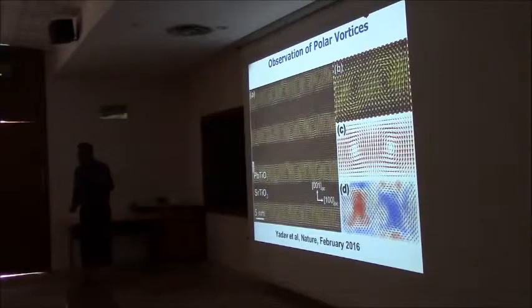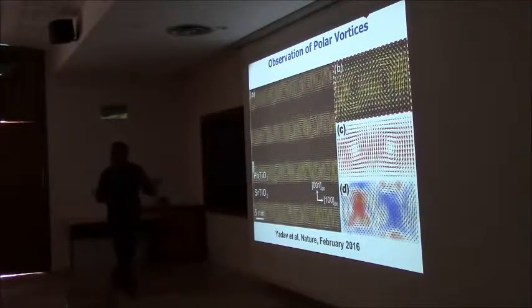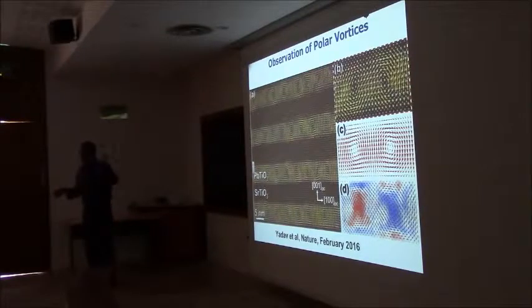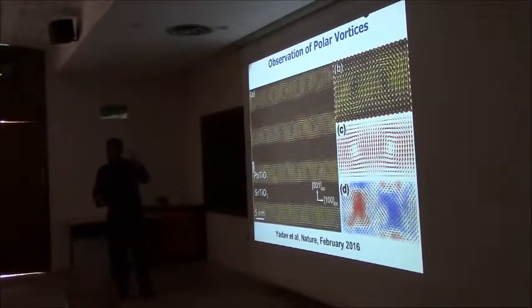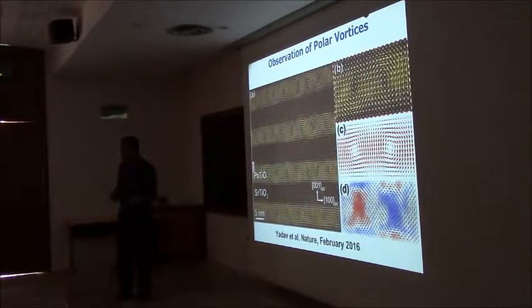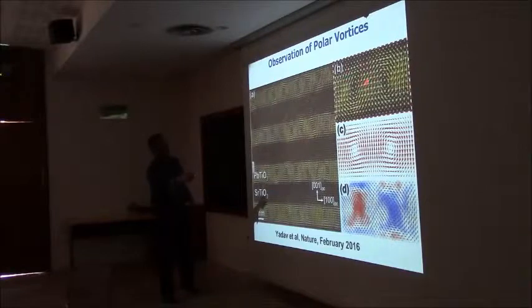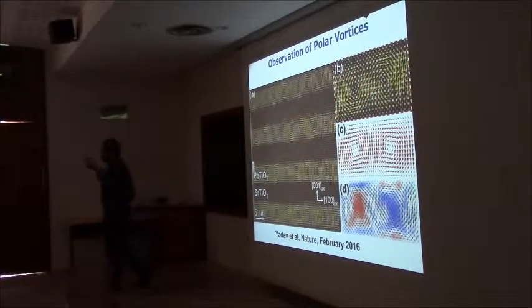We call them a vortex and an anti-vortex because they're rotating in opposite directions. They have a totally different connotation in superconductivity, very different. But for simplicity, we're calling this a vortex. This is an anti-vortex. They're rotating in opposite directions.